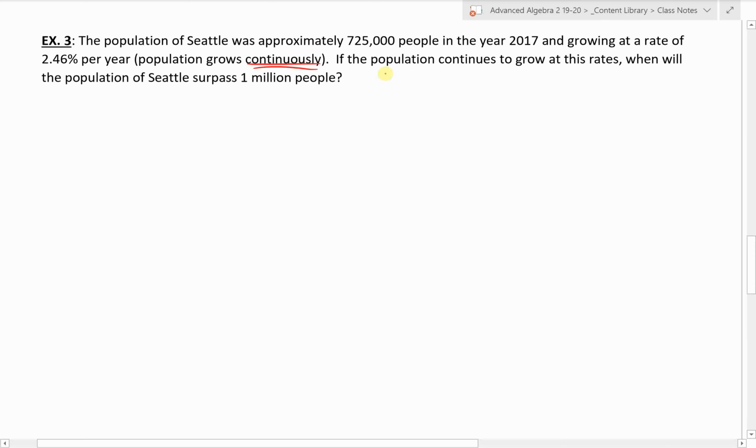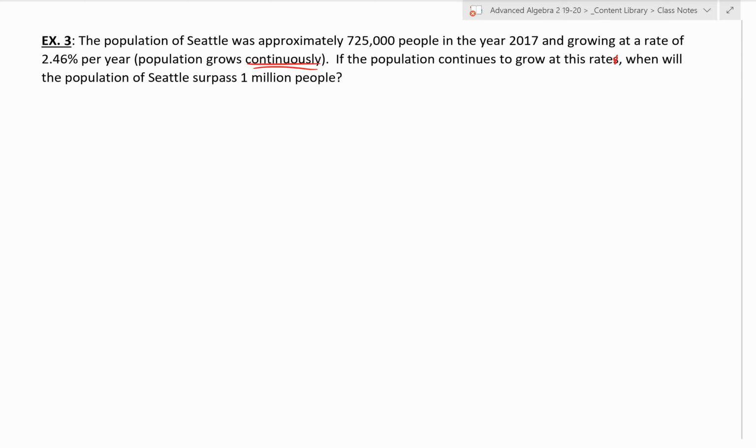Now, it says if the population continues to grow at this rate, when will the population of Seattle surpass 1 million people? And Seattle, as you well know, is already fairly crowded, and the traffic is not the greatest. So just imagine if we crossed over 1 million people, what it's going to be like in Seattle. Let's see how long it's going to take for us to get there.